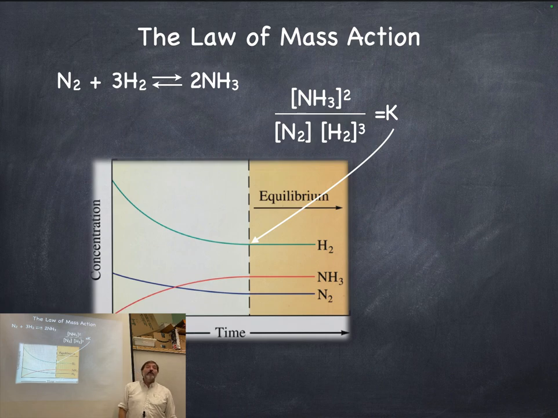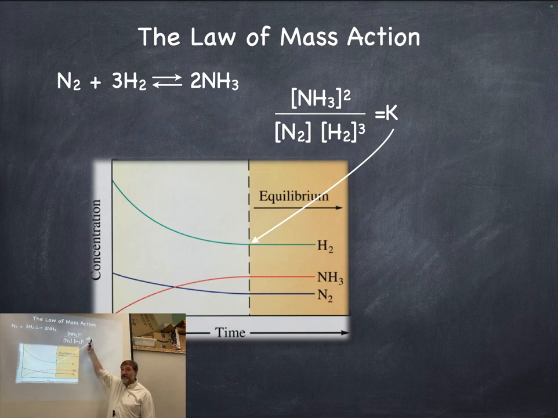Okay? So, once the system, what I've put into the container, has reached equilibrium, this ratio, products over reactants, equals a constant value. Right? So as long as the system is reaching equilibrium, this system at a given temperature will always equal the same ratio. What you put into the container is not going to determine where this value is.